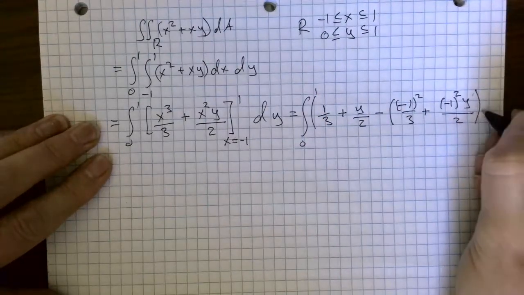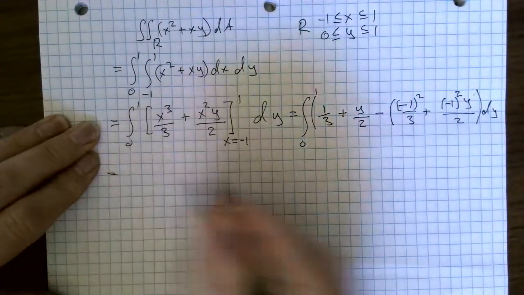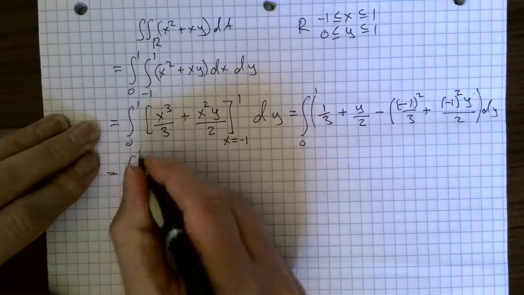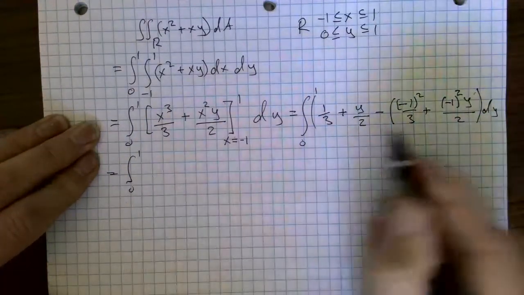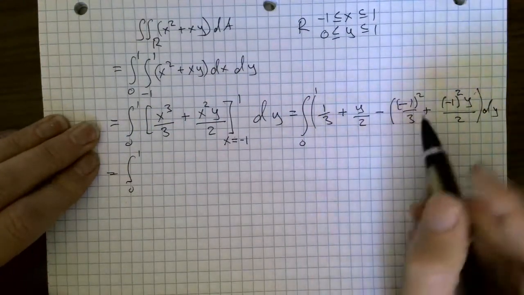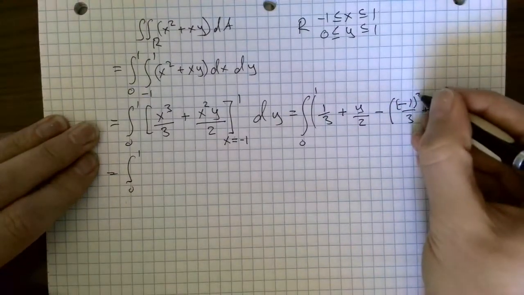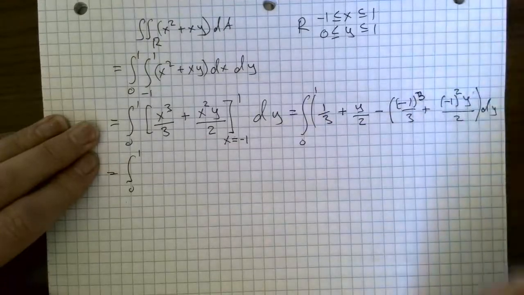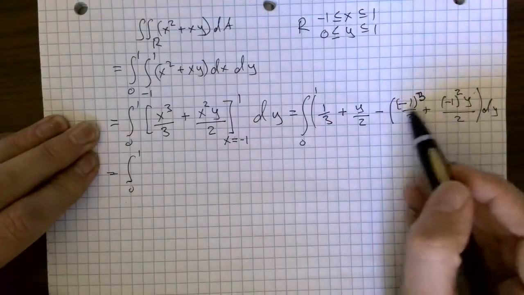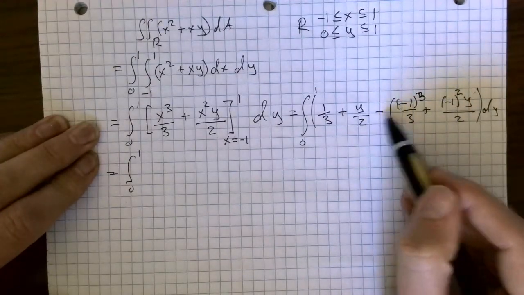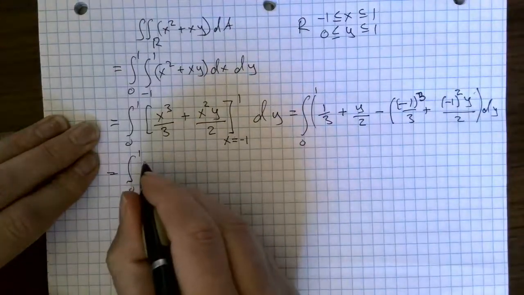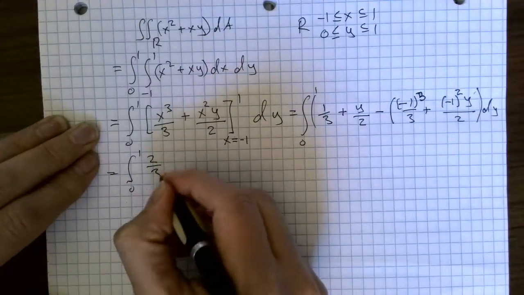This whole thing we're integrating with respect to y. So that equals the integral from 0 to 1 of 1/3, and then minus, this is cubed, so this is still minus, so plus 1/3. So we have 2/3 over here.